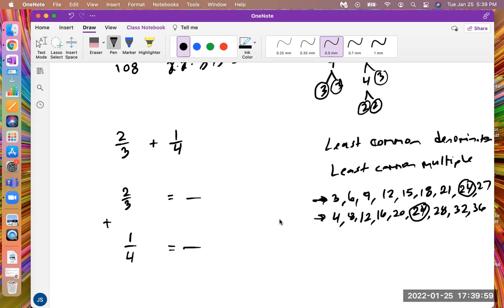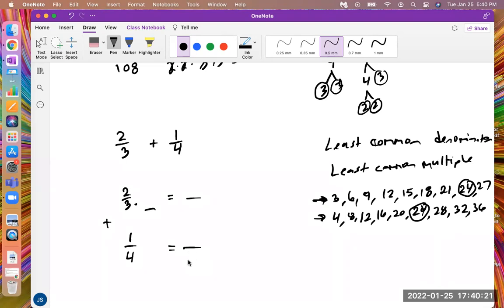That's how I always think about it as a student. When I find the least common multiple, I'm actually looking for the number that is divisible by both 3 and 4. And that's because we have to take 3 and multiply by some number to get this common denominator. So it has to be divisible by 3. 3 has to go into it equally.